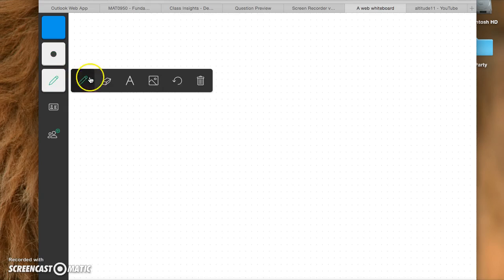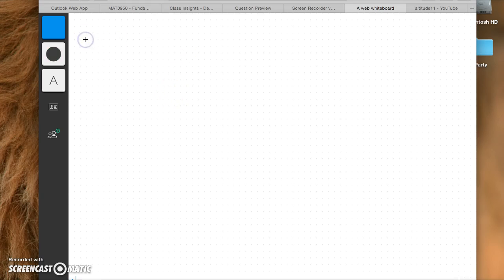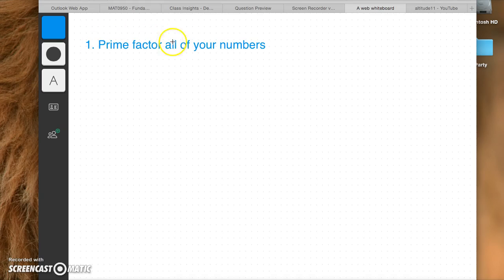So for the GCF, the first thing that you are going to want to do here is prime factor all of your numbers. I want to prime factor all of our numbers.